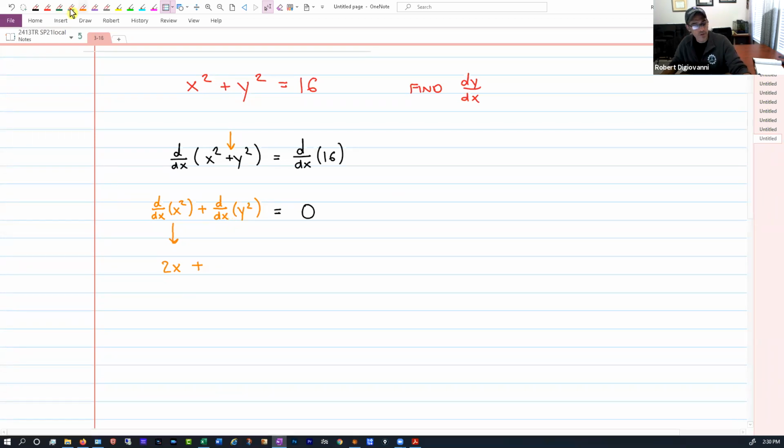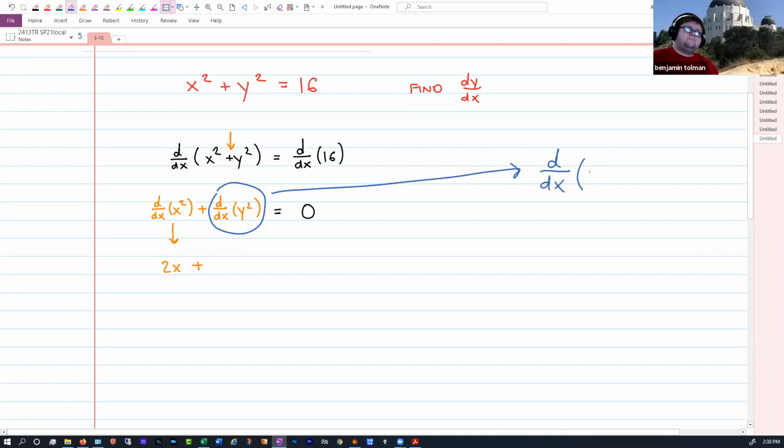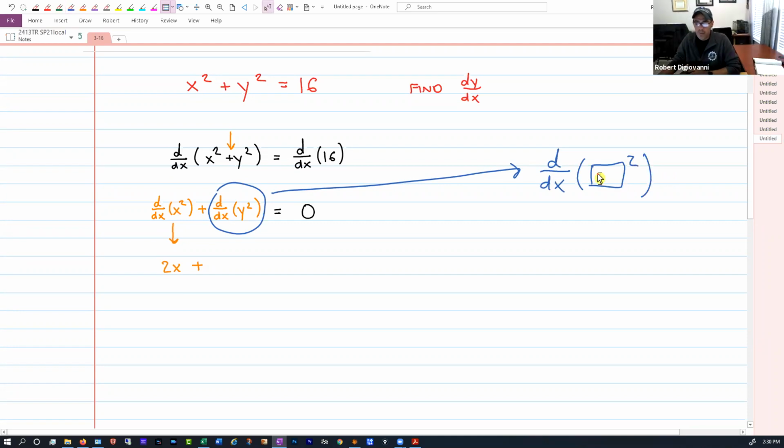So I want you to just separate yourself from this over here, and look at this as I'm asking you to take the derivative with respect to x of something squared. Now, in this case, it's y squared, but it's something squared. What is the derivative using chain rule? What is the derivative of something that's being squared? 2 times that something, right? To the first power. Agreed?